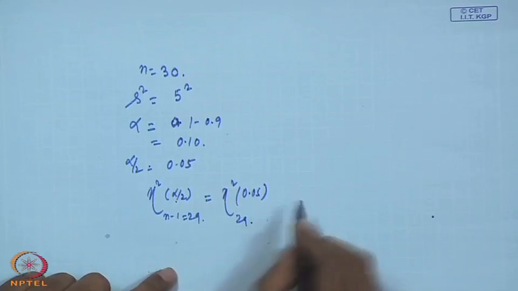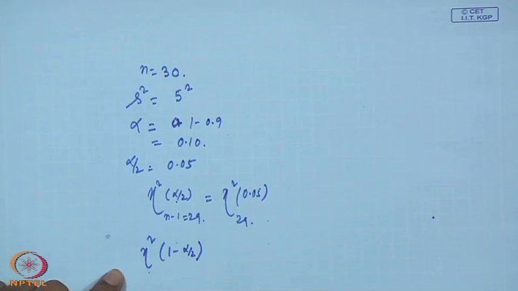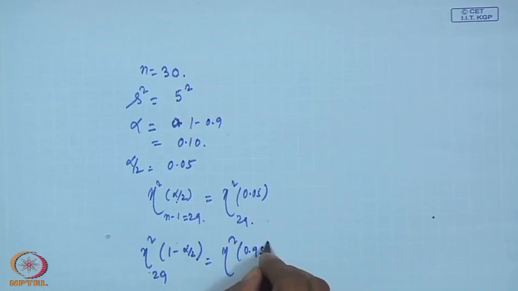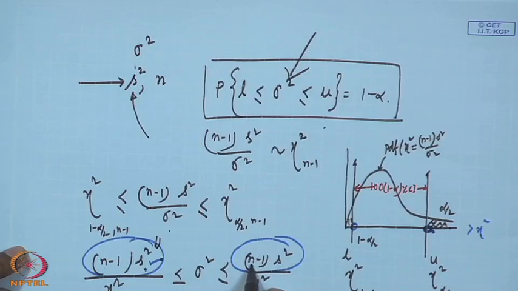As well, one more value, that is chi square 1 minus alpha by 2 with again the same n minus 1, that means chi square 0.95, 29. If you know these two values, then put them into this equation. a square is known, 25, n minus 1 is 29, chi square 0.05, 29 and chi square 0.95, 29. You have to find out the chi square values, see the table.